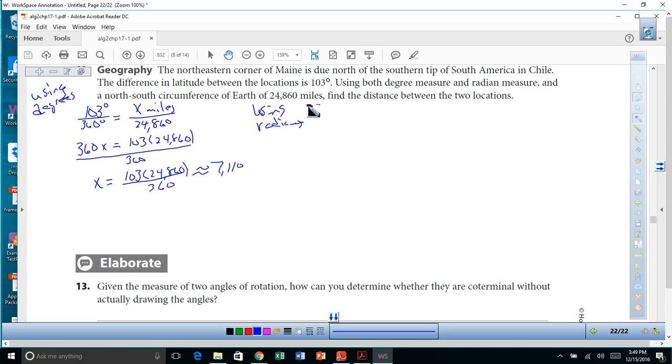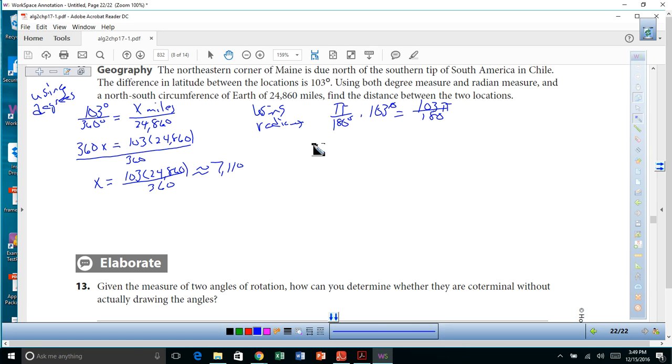All right, first convert to radians. So we're going to have pi over 180 degrees times 103 degrees. So the degrees will cancel out, and you're going to get 103 pi over 180.